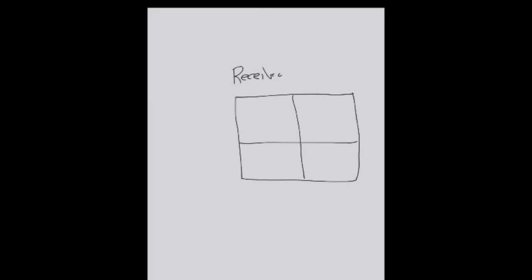So let's take a look at how reinforcement and punishment can be categorized. So I'm going to make a 2x2 with 4 squares. And I'm going to label the top side here on the left as something is received by the person. In other words, something is given to them.